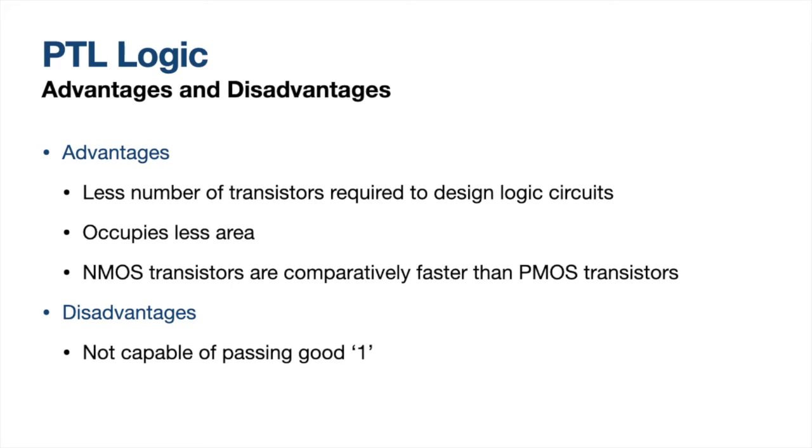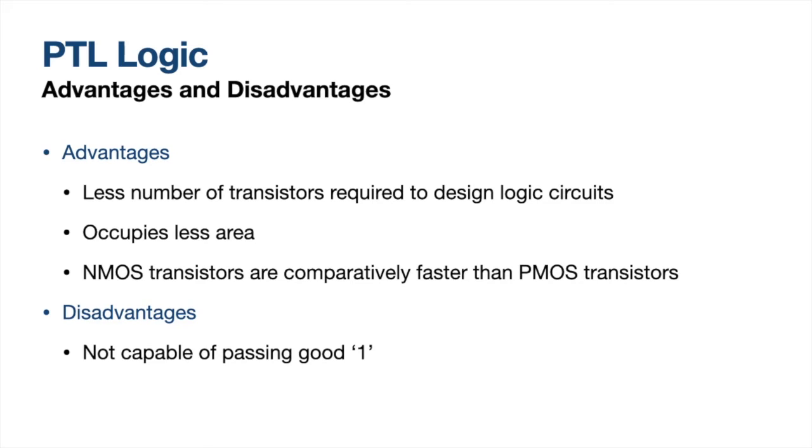Here are some advantages and disadvantages of NMOS pass transistor. First advantage is we need only less number of transistors to design any logic circuit. If you want to design an AND gate using pass transistor logic, it is enough to use only 2 NMOS transistors, whereas in CMOS logic we need 4 transistors.